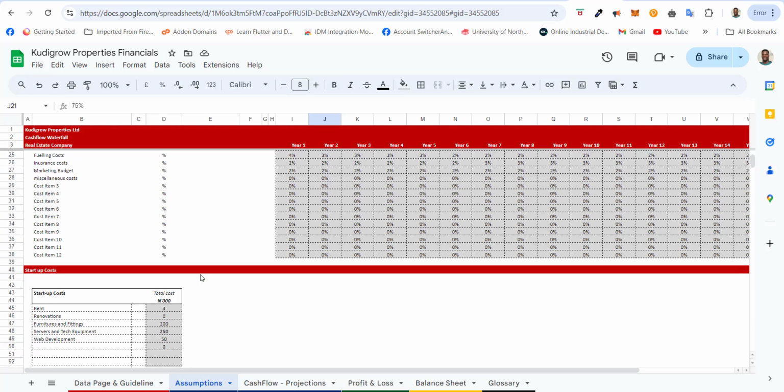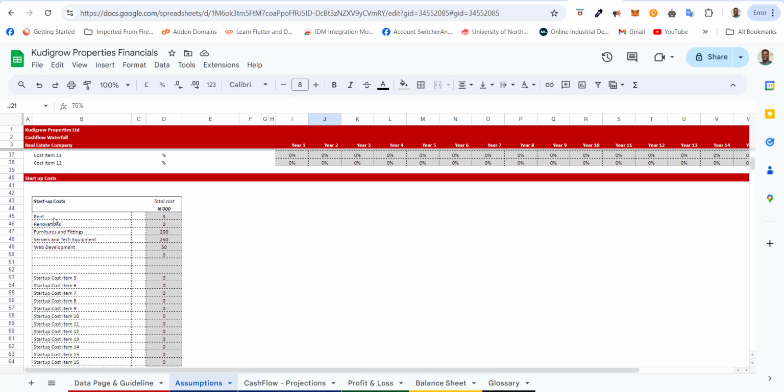Right here we can see in this particular section we have the startup costs. All the costs we are going to be spending are going to be recorded in here, and you can see here we have a factor of 1,000.